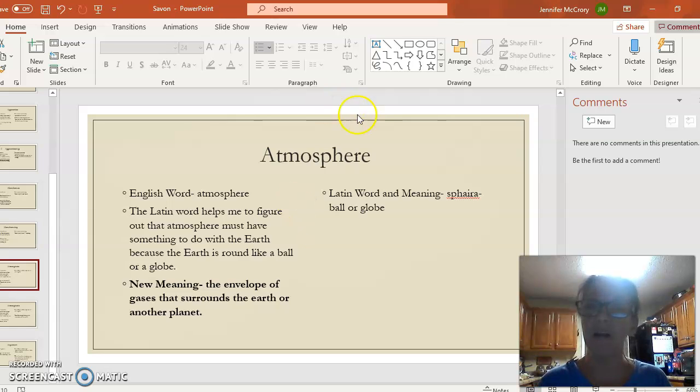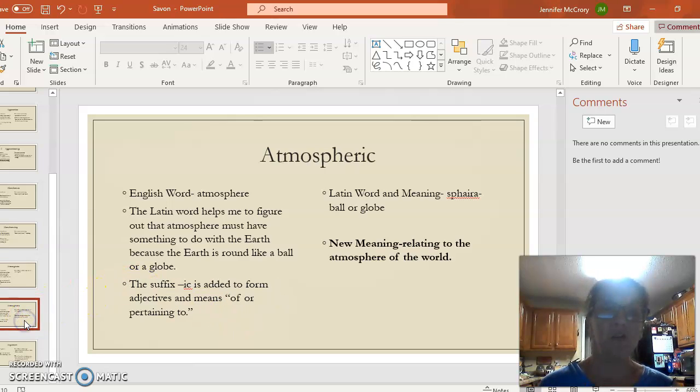So I'm able to take this knowledge for my word atmosphere and I'm able to put together that new meaning: the envelope of gases that surround the earth or another planet. Okay, we typically call it a blanket, like when I taught it in the past. We say it's like that blanket that surrounds our planet. All right, keeps all of those gases and stuff that we need to survive.